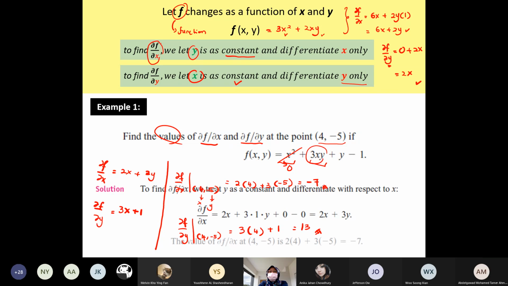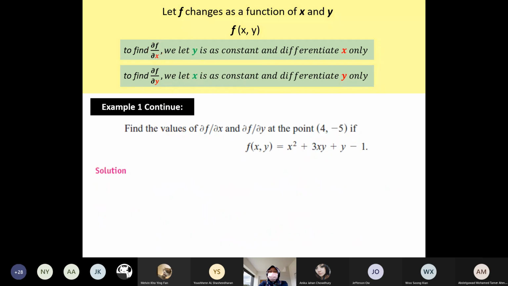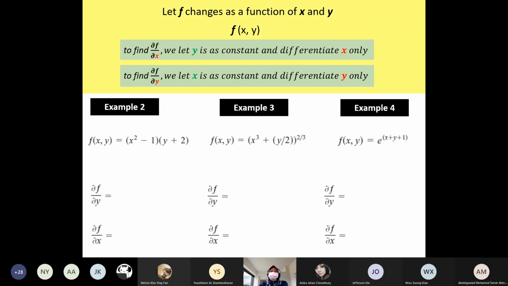Alright. Let's look at example number 2. We are still using the same method. When you want to find df over dx, you let y be a constant. When you want to find df over dy, you let x be a constant.